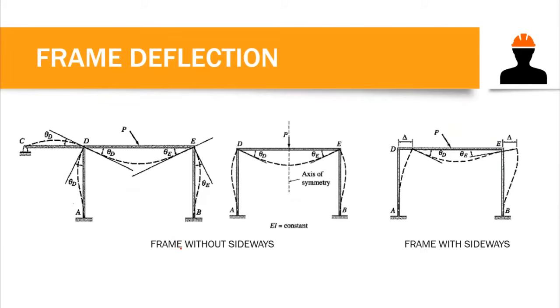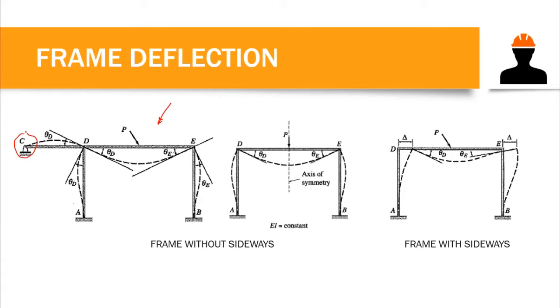Now, in analyzing frames, we have two different cases. We have frames without sideways, and we have frames with sideways. As you can see here, we have a frame without sideways. This frame is restricted from moving horizontally, because we have a hinge support on the leftmost, and that hinge restricts our frame from having sideways.